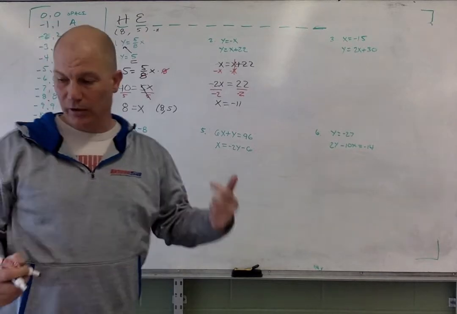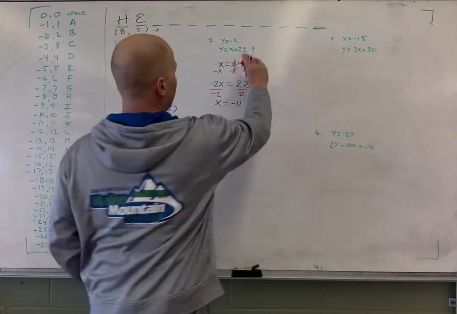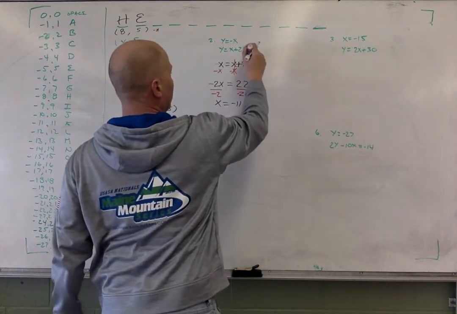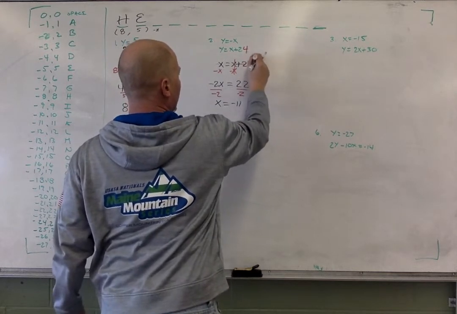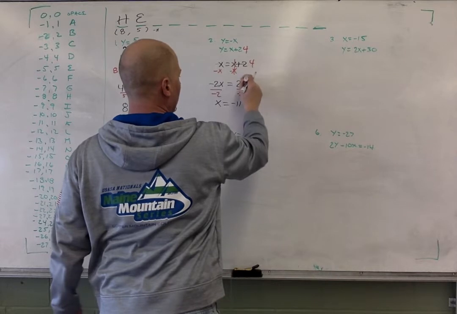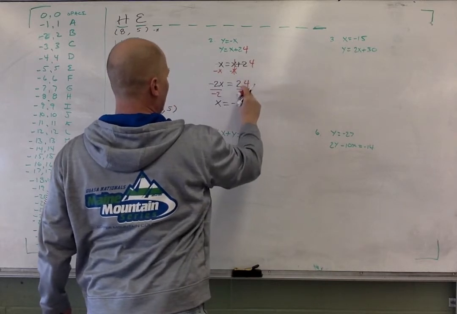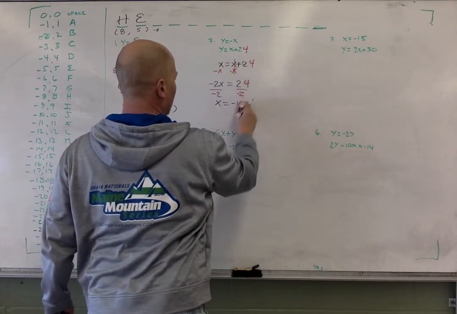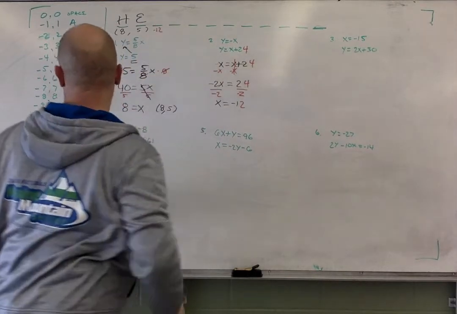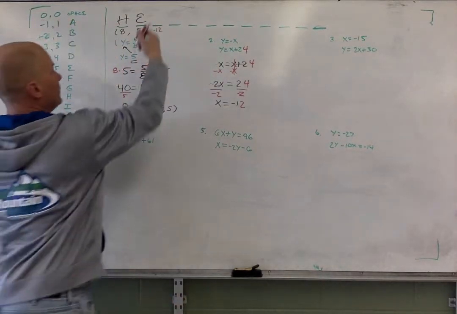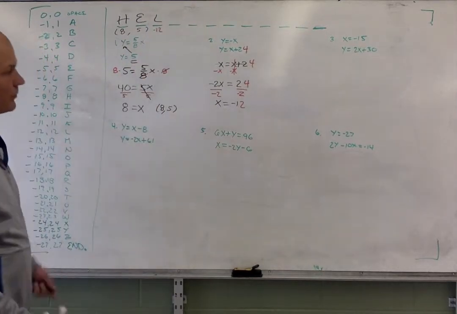Hold on. I goofed up. When I copied this, I copied it incorrectly. This is supposed to be the number 24, so that's the number 24. This is the number 24. So this is the number -12. So this is supposed to be -12. And -12 is L. There we go.